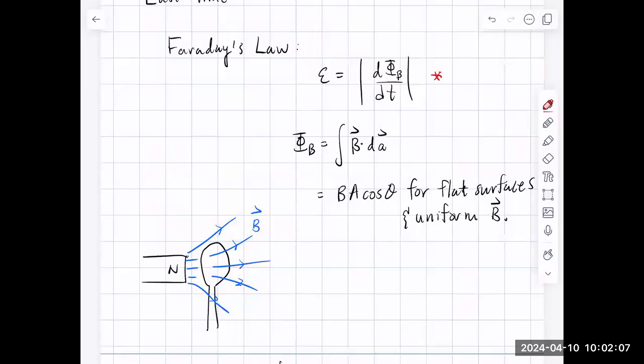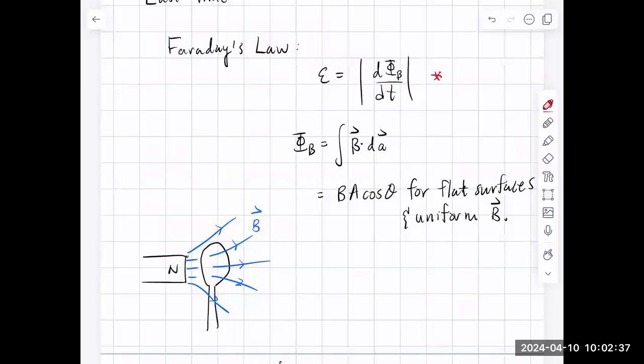But often the situation is simpler: if we have a flat surface and a uniform magnetic field, then the flux is B times A times the cosine of the angle between the normal vector to the area and the magnetic field. If they're parallel, it gets even simpler because the cosine of 0 becomes 1.